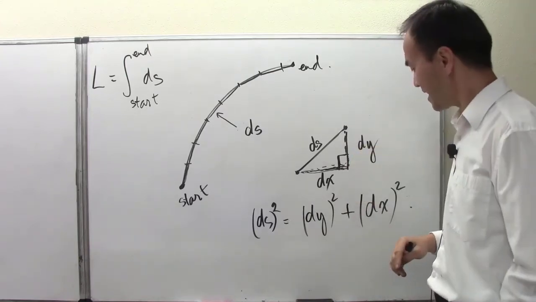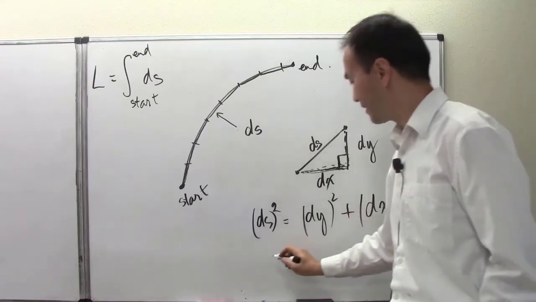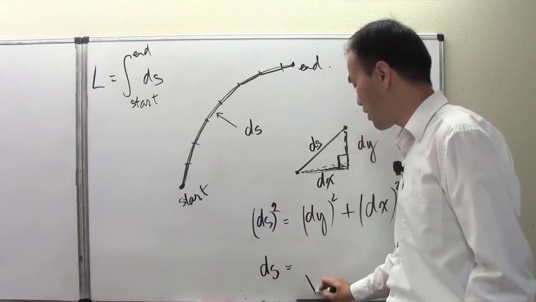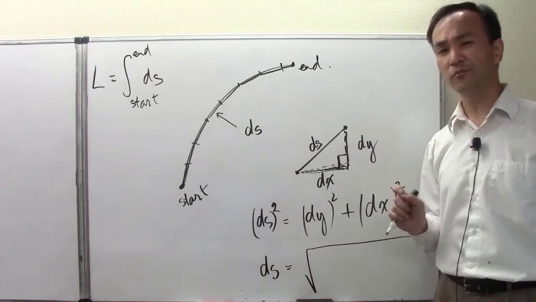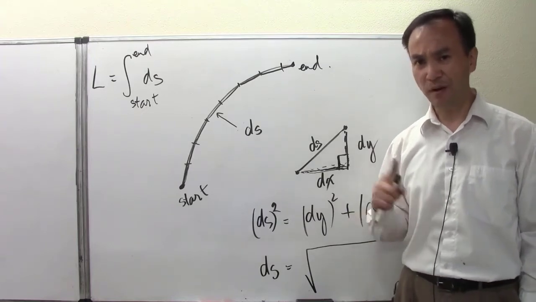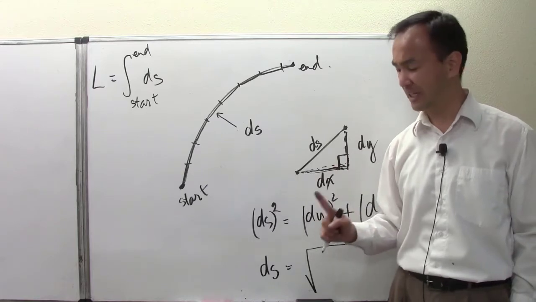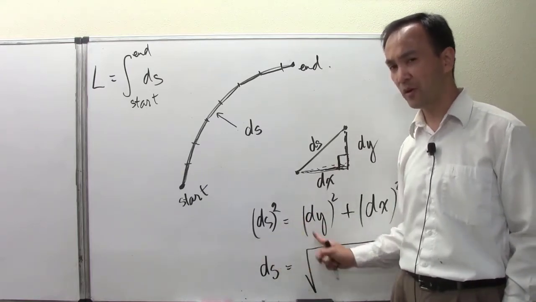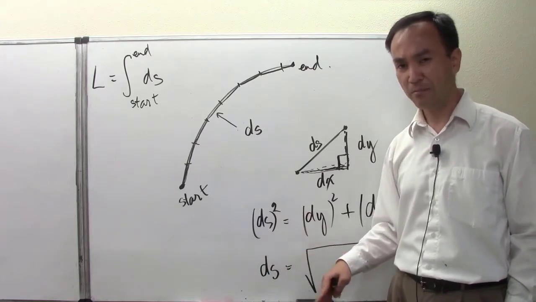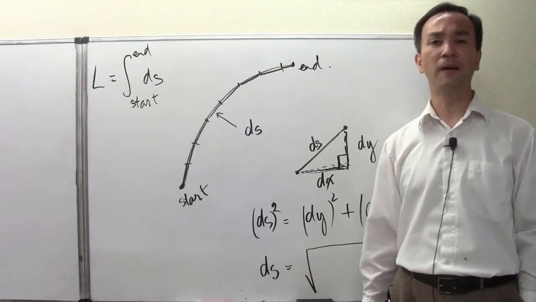Okay, now that we have that, I'm going to derive a further result. So ds itself is a square root, and everything here we're talking about is length, so it has to be positive. I keep reminding my algebra students algebraically that anytime we take the square root of both sides, it has to be a plus or minus square root. But here in our application, we're looking for the positive square root, because ds makes sense to be a positive quantity.